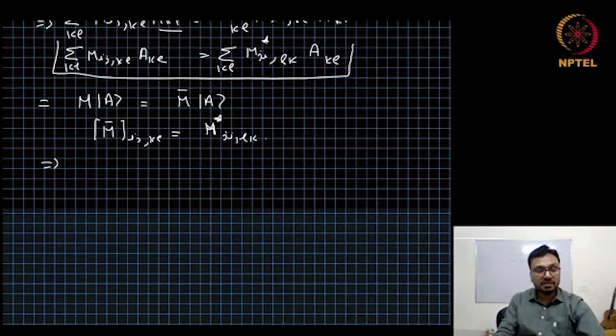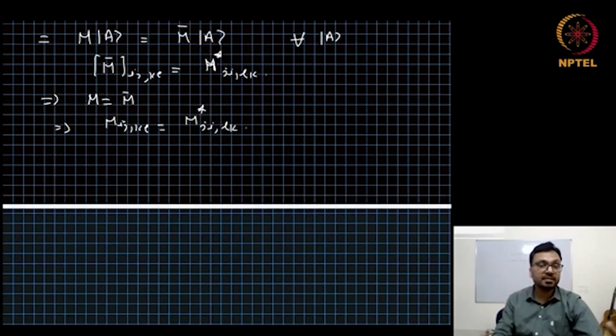If we remember our linear operator lecture, this is true for all the Hermitian vectors A. If such conditions are met, then M must be equal to M bar. This implies that Mij KL must be equal to M star Ji LK.